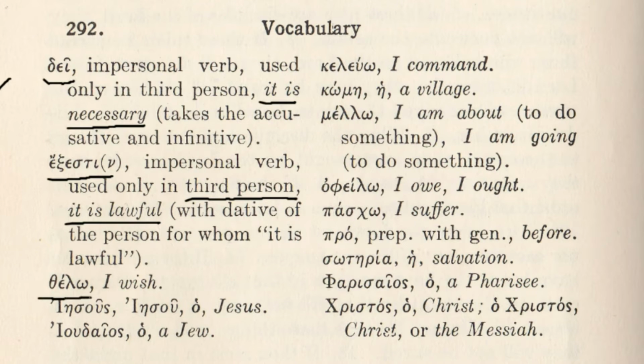Similarly, we have here the word thelo. Thelo means I wish. You may be aware of the controversy in Christian history that goes back to the early centuries of the church, in which it was called the monothelite heresy. The question about whether Jesus had one will or two, and that comes from this word thelo.